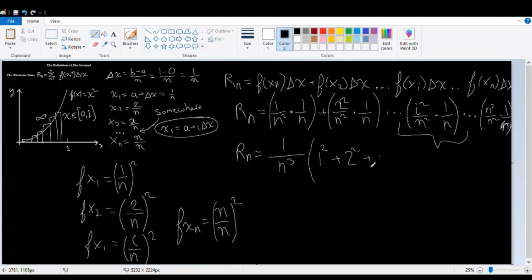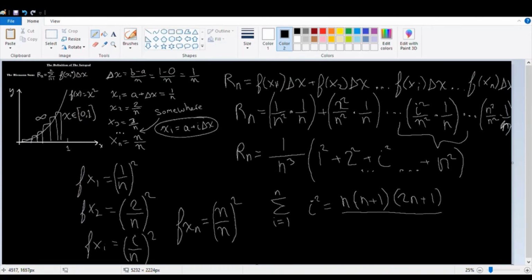If we don't want to write all these numbers, instead of writing three little dots, we'll just use the sigma notation, the big sigma, from i equals 1 to n. And since our i term is squared, we'll use this formula, which is the formula for the sum of the squares of the first n integers. So we rewrite this with the constant 1 over n cubed times this formula.